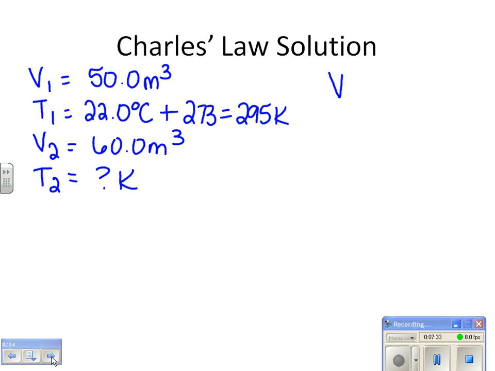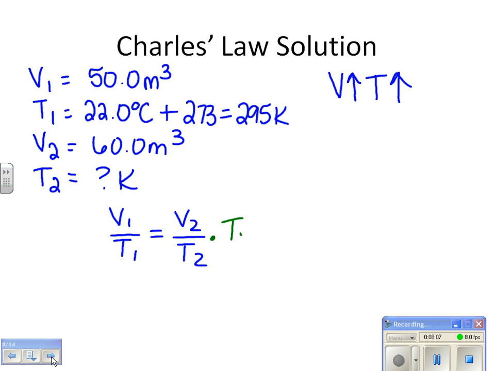Okay. Now, what's happening? Volume is increasing. Therefore, we would expect temperature to increase. Let's solve the problem. There's Charles's law. We have to solve for T2. T2 is in the denominator. So how are we going to isolate T2 and get it in the numerator?